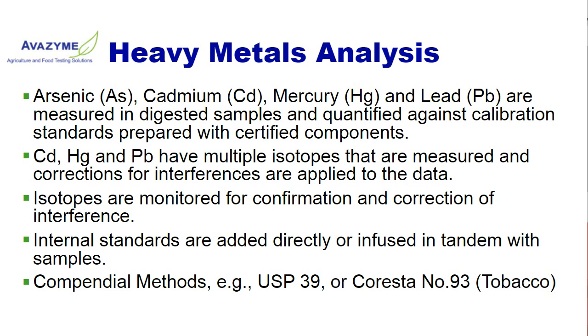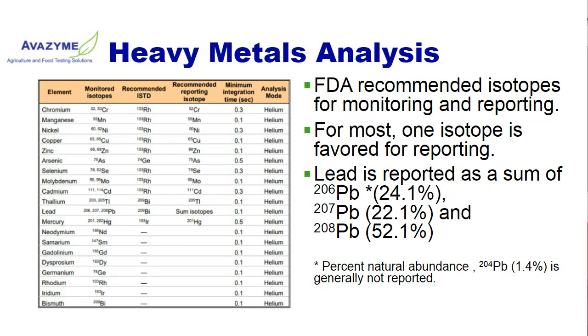So this is used for compendial methods such as USP 39 or Chapter 93. The heavy metals that we can measure are typically done to meet a regulatory requirement or monitoring requirement. FDA has several requirements, say, for arsenic in apple juice, but it is not heavily regulated.